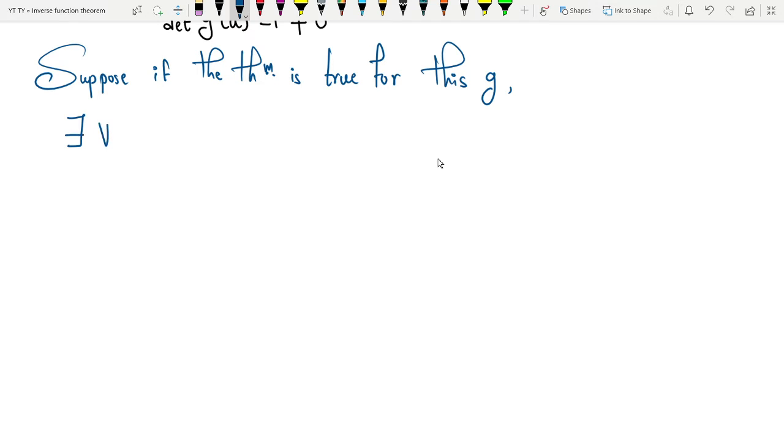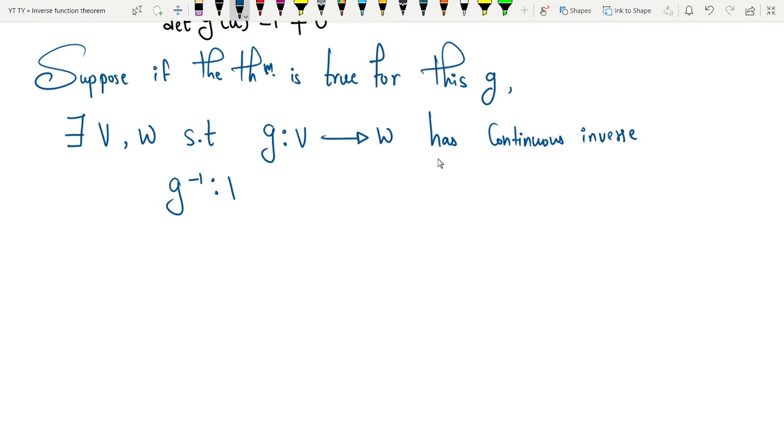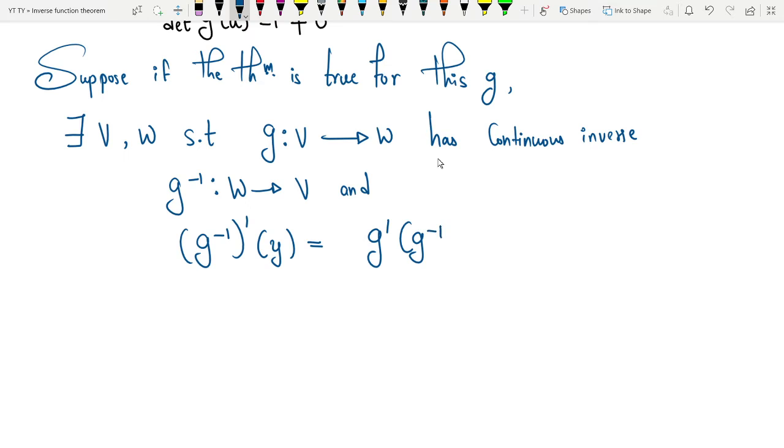There will exist v and w such that my g from v to w has a continuous inverse g inverse from w to v, and the derivative of g inverse at some point y, for example of w, would be the same as g dash at g inverse of y, and this matrix should be taken inverse, for all y inside w.